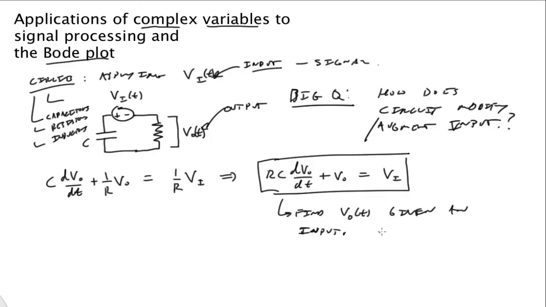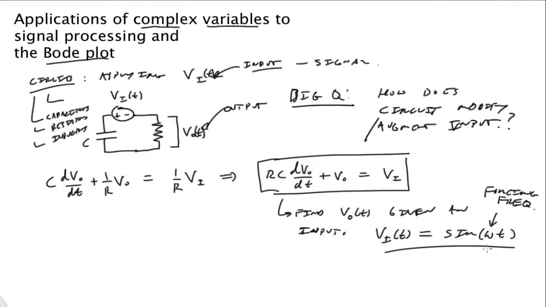And in our previous ODE classes, oftentimes we'd use some sort of input like a sine wave with a certain amplitude, maybe we'll just leave it at 1 there, and a forcing frequency. In general, we could do that. In particular, we could use a sine wave or a cosine wave, but it could be anything, and we'd really like to study the properties of this circuit for any signal.